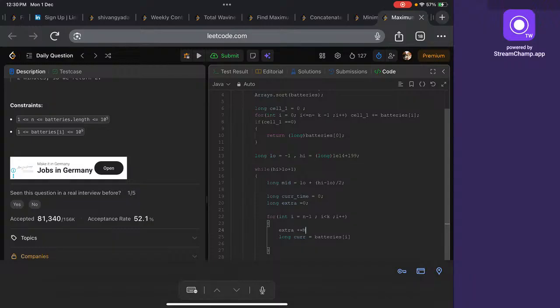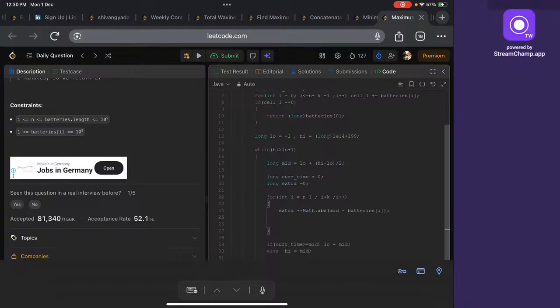Plus equal to math.abs of mid minus batteries of i. So the extra time will tell us this battery should be increased by that amount, mid minus batteries of i.